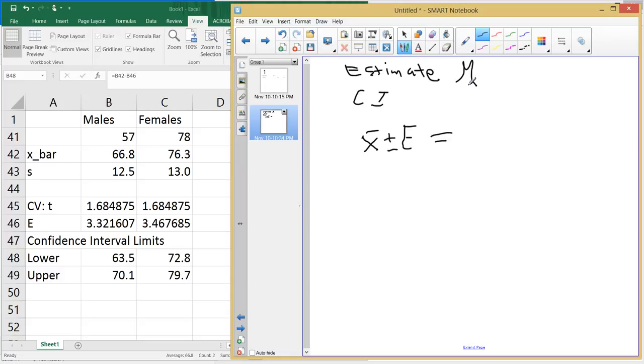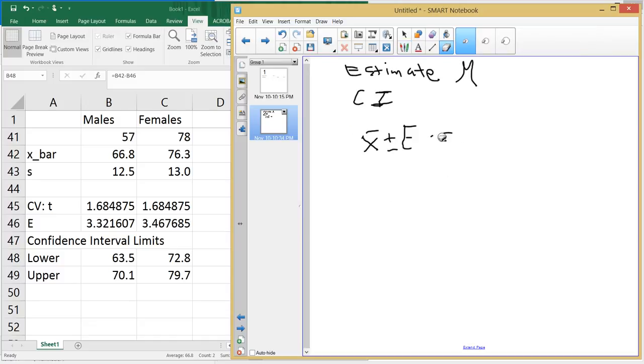Okay, so the true population mean mu, we're taking a confidence interval estimate, and we are taking our point estimate, which is x bar, and stretching the net up and down, higher and lower, by a margin of E. So that's how we get our interval limits.